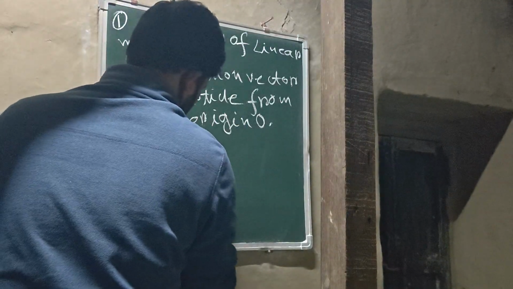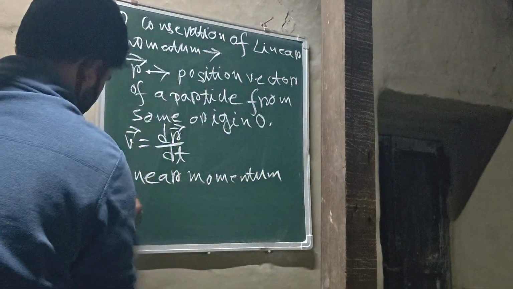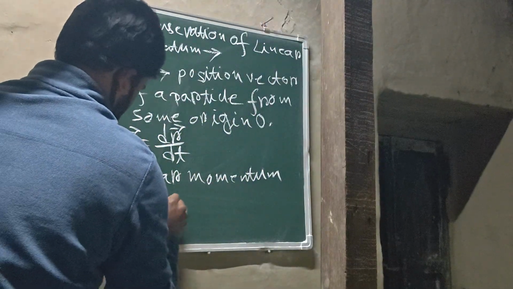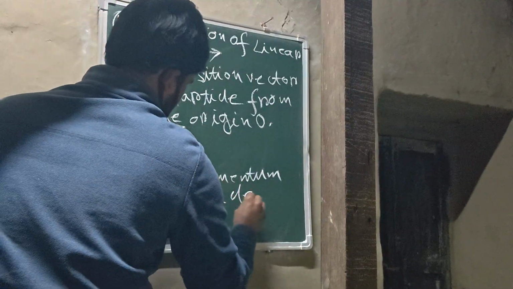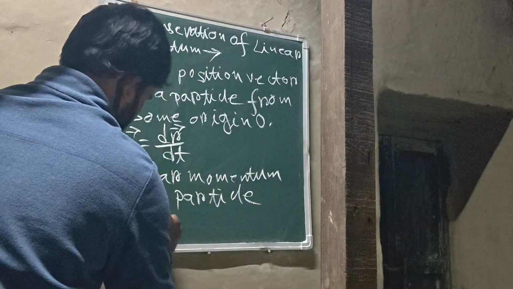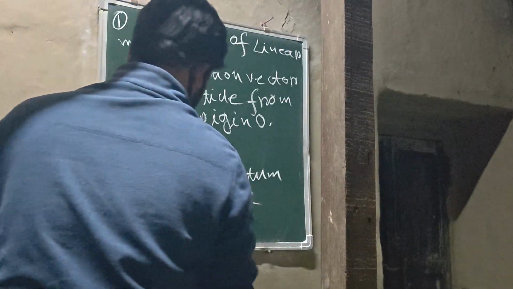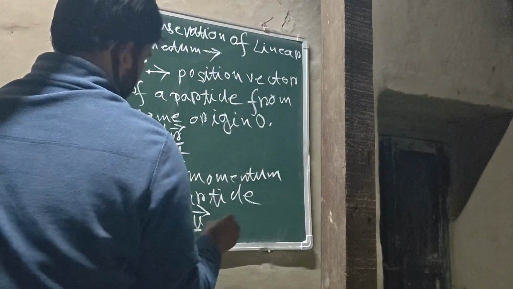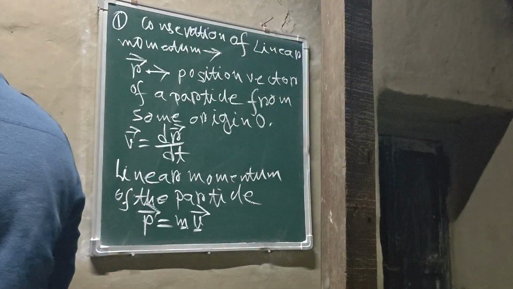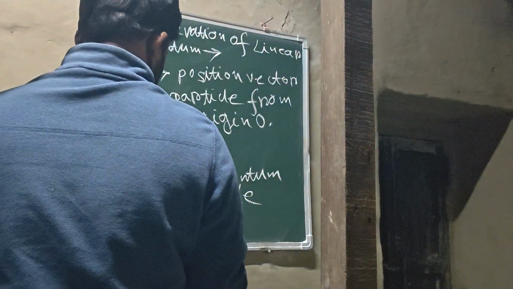Linear momentum of the particle, P equals mv, the mass of the particle and the velocity of the particle. The product of mass and velocity of the particle is called the linear momentum of the particle.